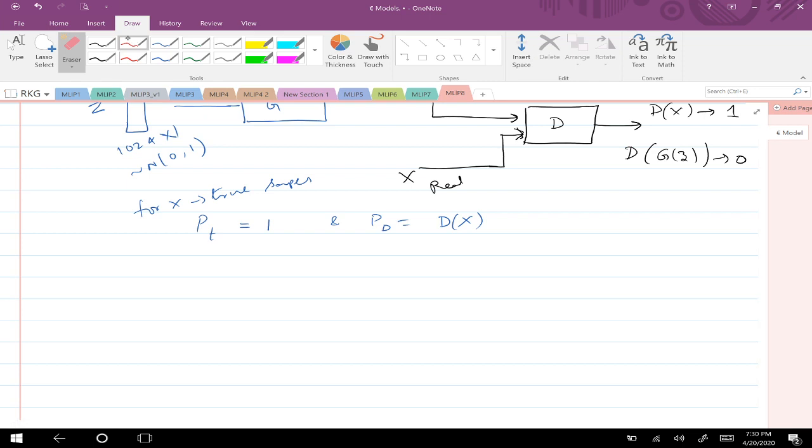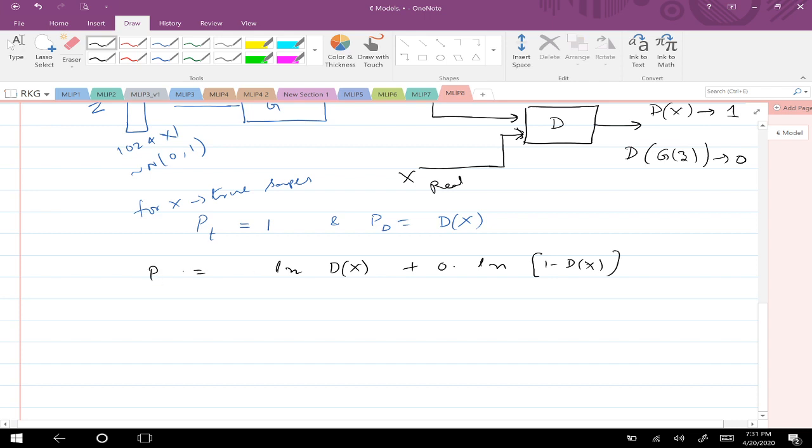Based on cross entropy loss, if we write one term of it for the discriminator, we get 1 into ln of d of x plus 0 into ln of 1 minus d of x. This is the cross entropy loss.